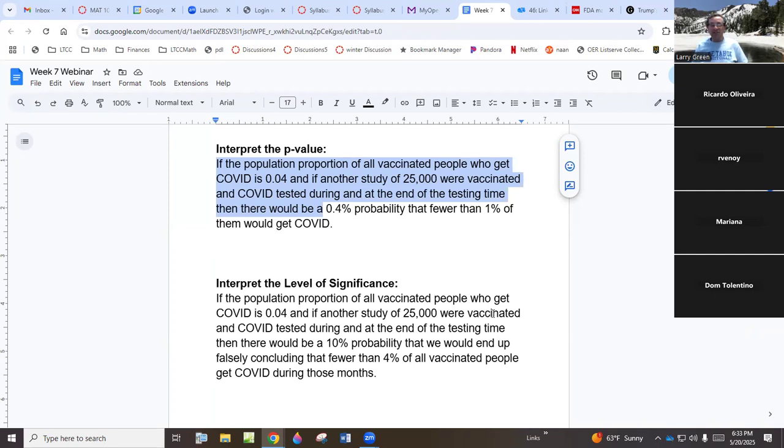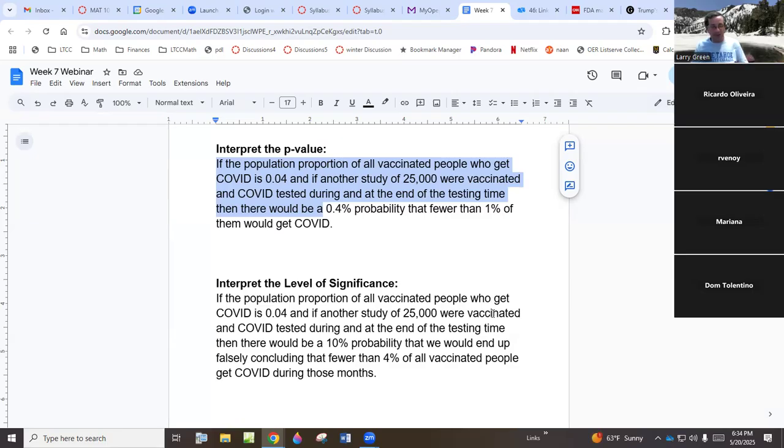And remember, the level of significance is the probability of a type 1 error, which means that if the null hypothesis is true, so what I just highlighted was the null hypothesis being true, that means if the proportion really was 4%, then there'd be that probability, a 10% probability, because that's the probability of a type 1 error.